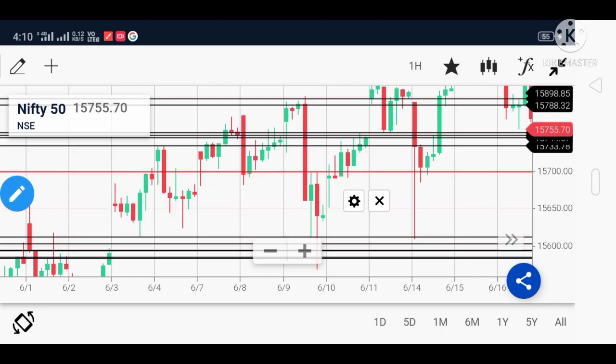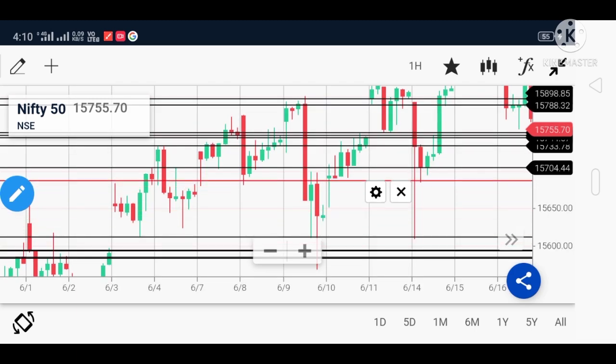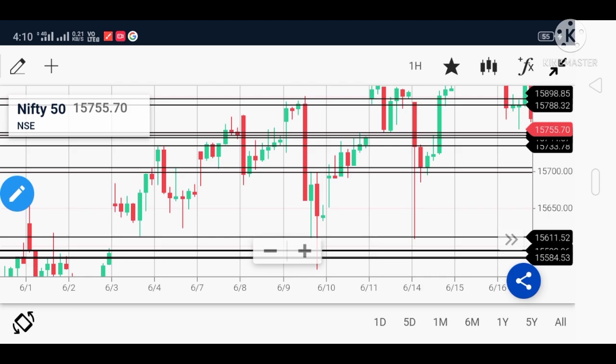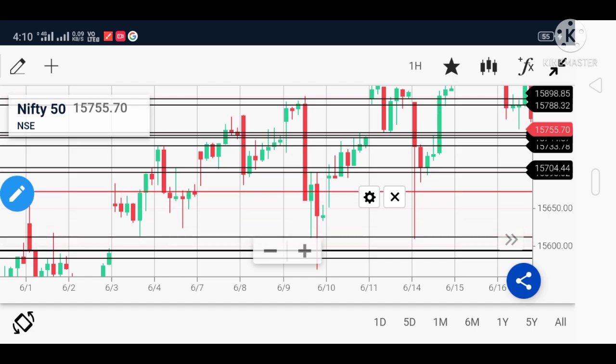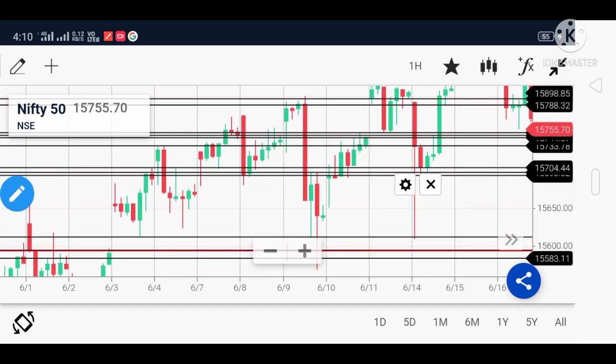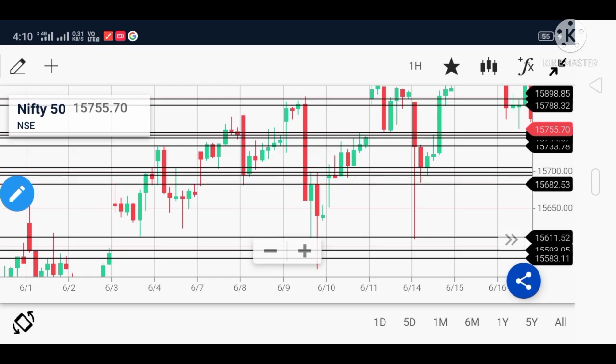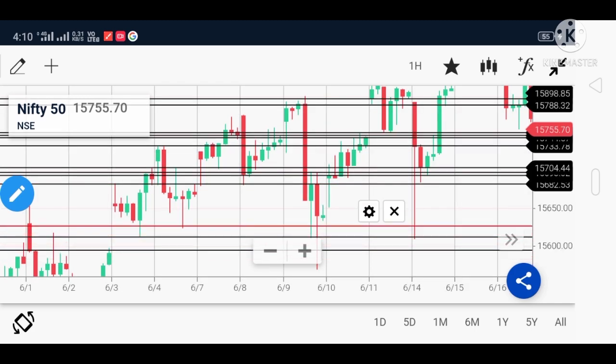So let's move the lines on the wicks like this. So traders, I have almost marked all the levels. I'm doing it faster.